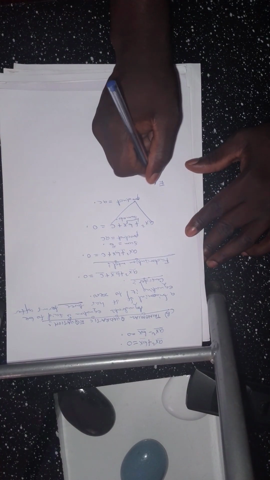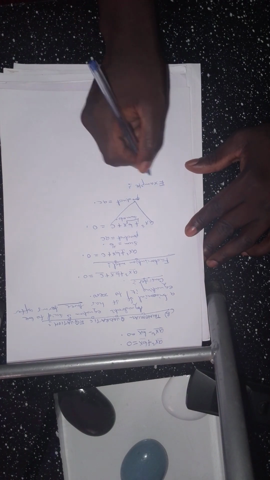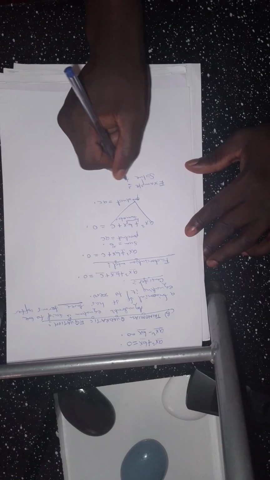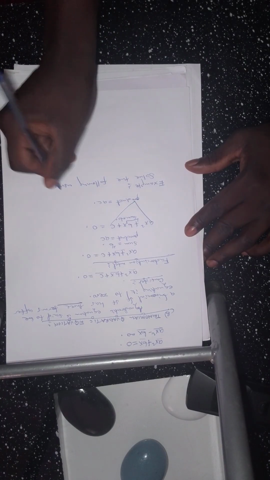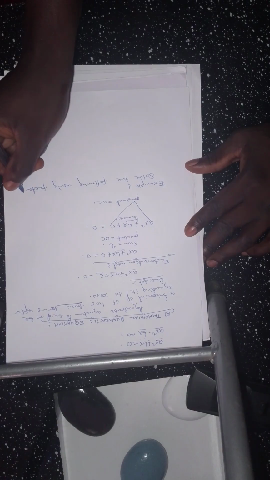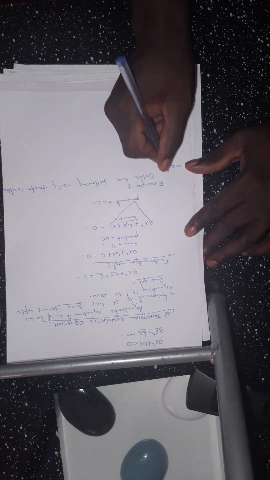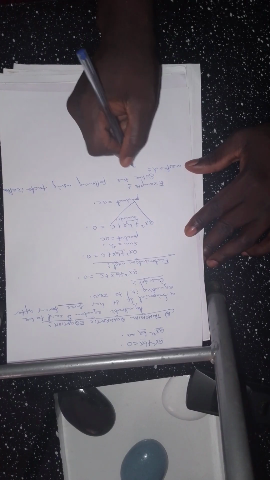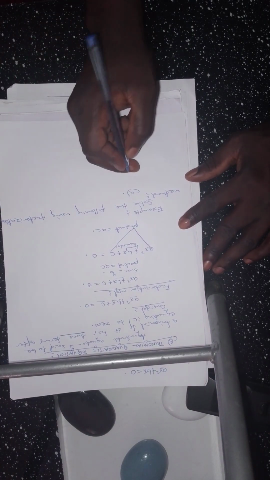Now in an example, we are going to solve the following using the factorization method. Part A, we are solving one at a time.